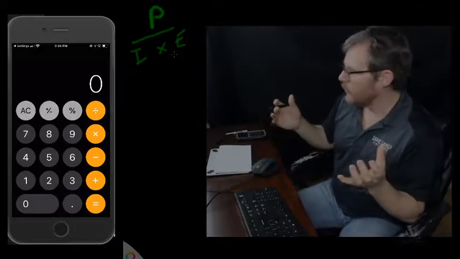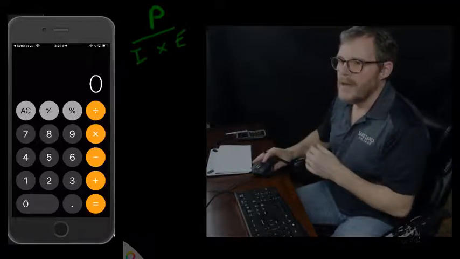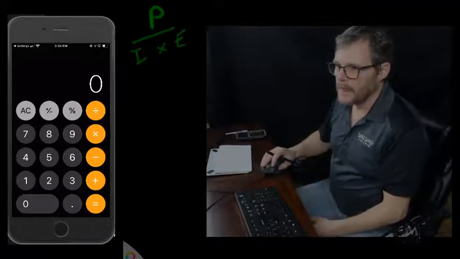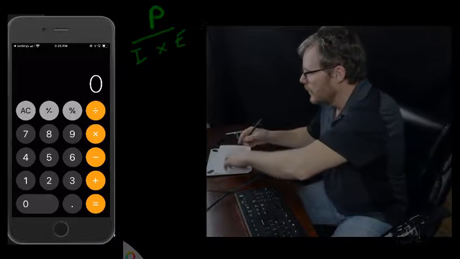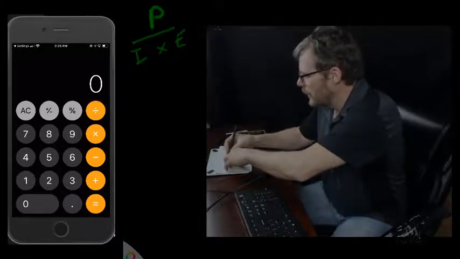Let's do a couple of examples. So imagine, if you would, that we had 120 volts and 9 amps, and we want to know how many watts that was. So if you remember from our formula, the P would go on the top. We don't know what that is, but we know we have 9 amps, and we know we have 120 volts. So let's do this real quick.